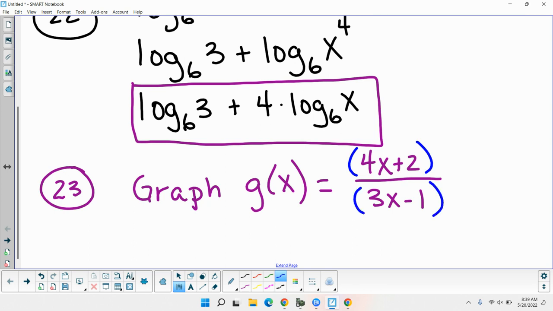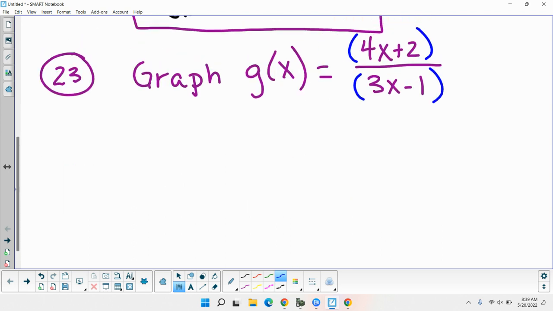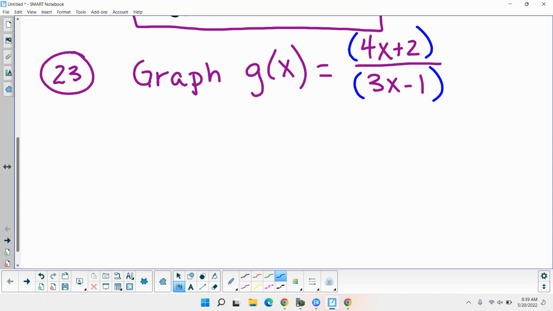Okay? So when you put that in your calculator, put those in parentheses so it'll look the way it's supposed to look. We call these graphs hyperbolas. They have two branches to them. Okay, but what we did is we figured out the vertical and horizontal asymptotes, and we drew those in, and then we looked at the graph.